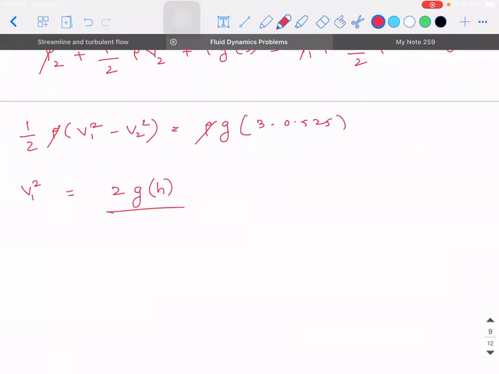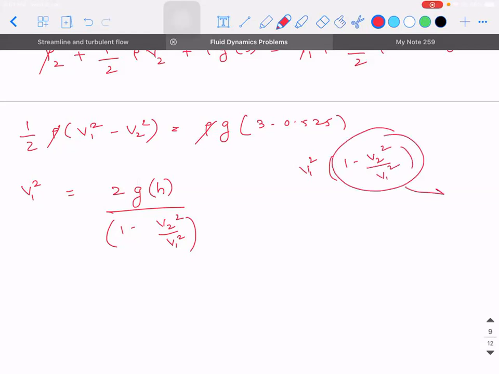1 minus V2 square by V1 square. Accepted. So what I did on the left hand side is I took out V1 square outside. It is 1 minus V2 square by V1 square. This whole thing went to the other side as denominator. Right, guys? So it is 2GH divided by this value.